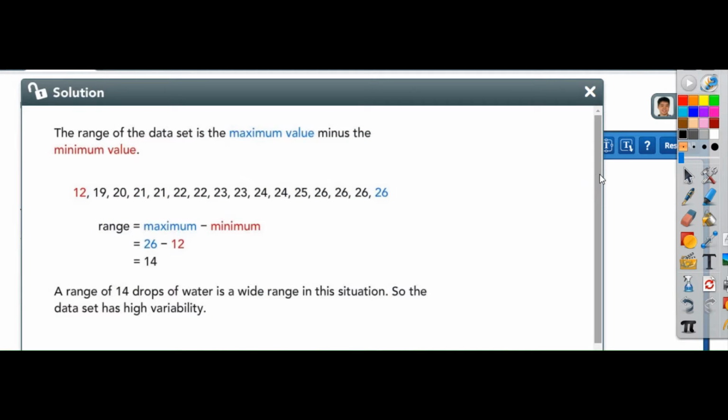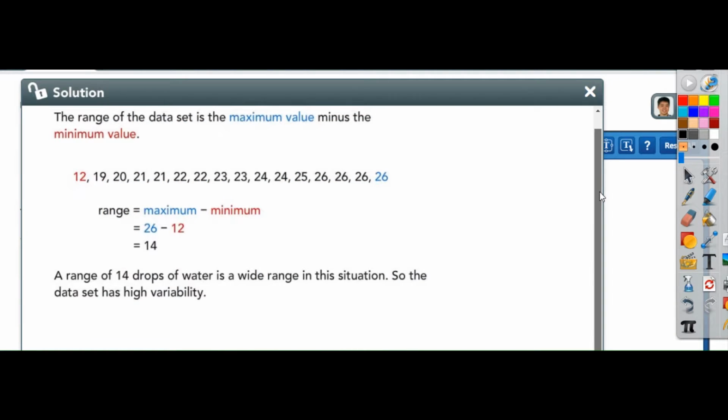So how did the data points vary? So the range is going to be the highest value minus the lowest value. So we have 26 minus 12, which is 14. And a range of 14 for a drop of water is a wide range in this situation. So the data set has high variability. So since the range is high, we can say that the variability is high.